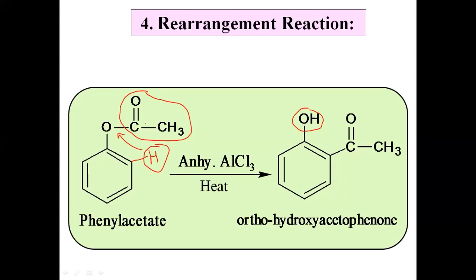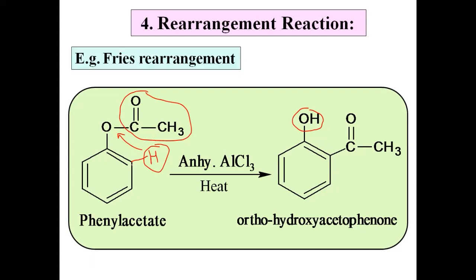In this reaction, there is a migration of an atom or group from one position to another. This type of reaction is called a rearrangement reaction. The reaction in which an atom or group migrates from one position to another in the same molecule is called a rearrangement reaction. And this is an example of a rearrangement reaction. This particular reaction is called Fries rearrangement.